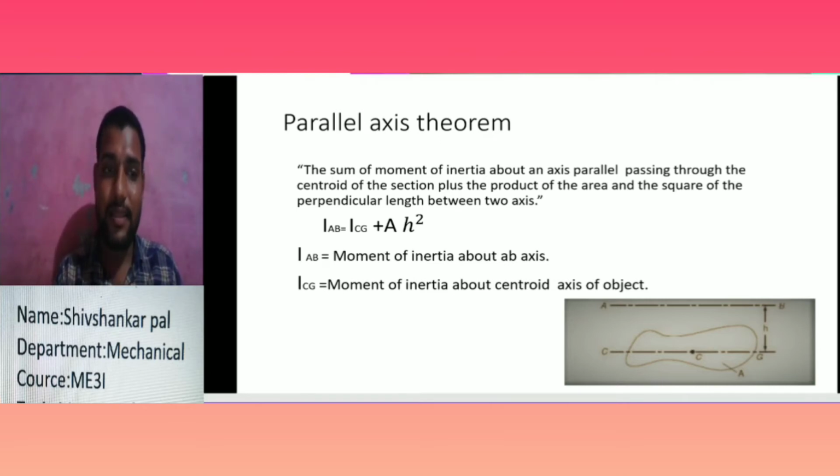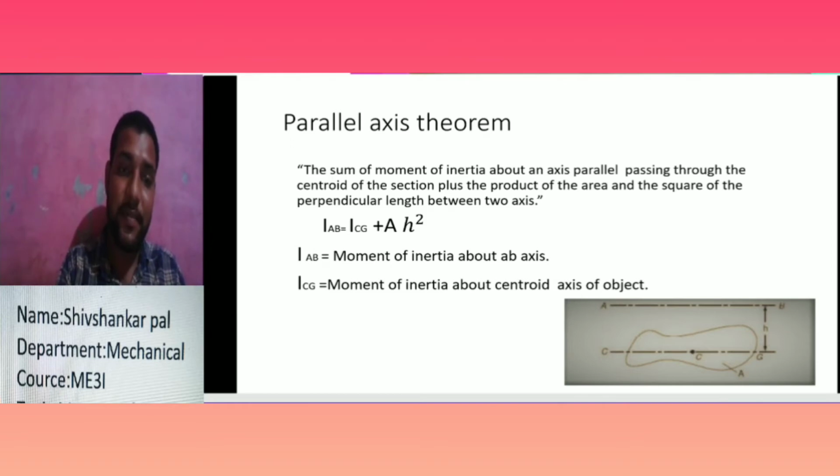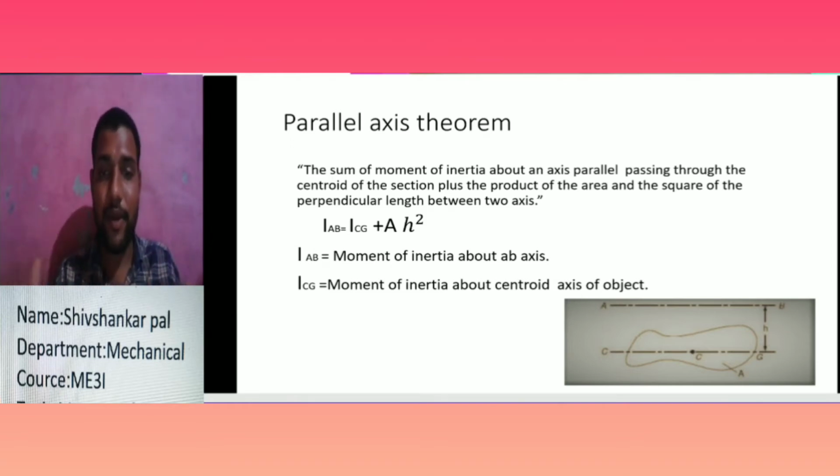That is the moment of inertia I A B. Mathematically, it is the moment of inertia about the centroidal axis plus the product of the area and the square of the perpendicular distance between the two axes.